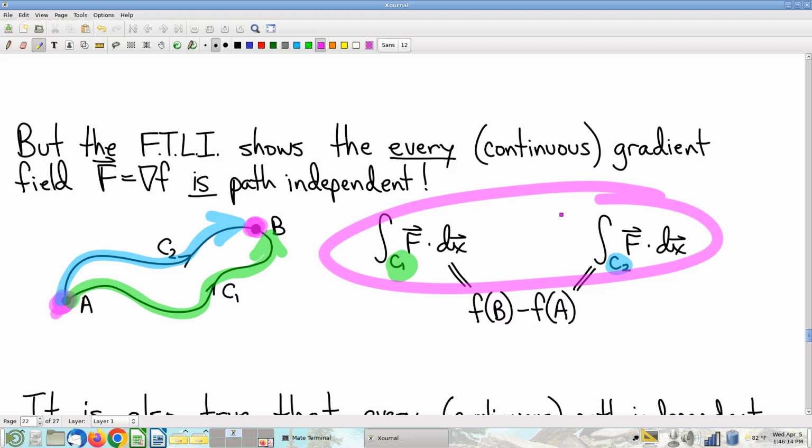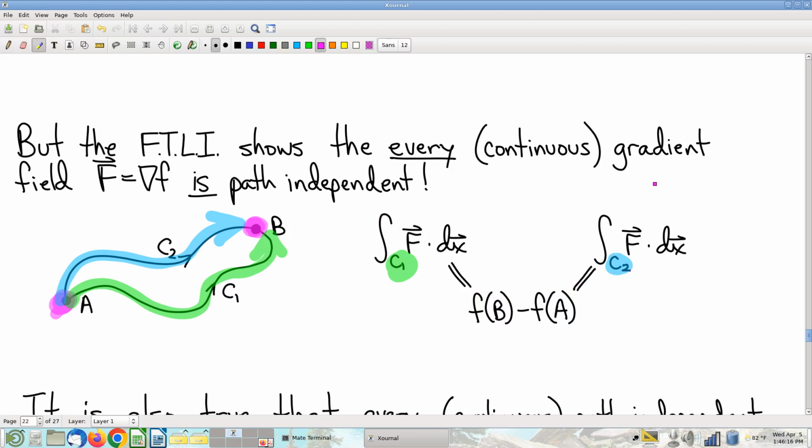But what we saw last time, and this is where we ended last time, is that if your vector field is a gradient, if you have a gradient field, then this always works. And there's a lovely little convenient, crisp, elegant little reasoning why, and that is, think about how you would compute these line integrals.